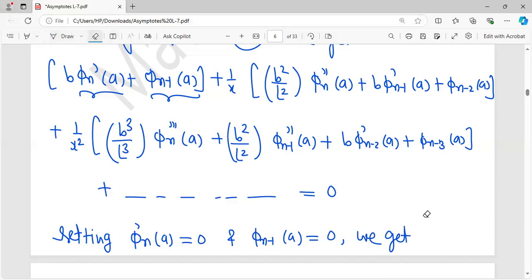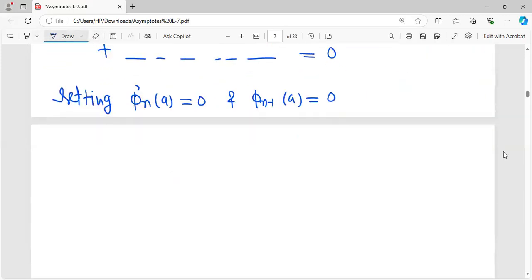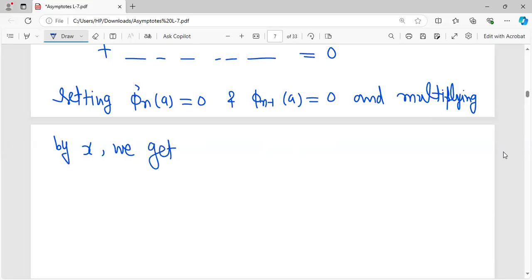Setting this and multiplying by x, we get what we get.